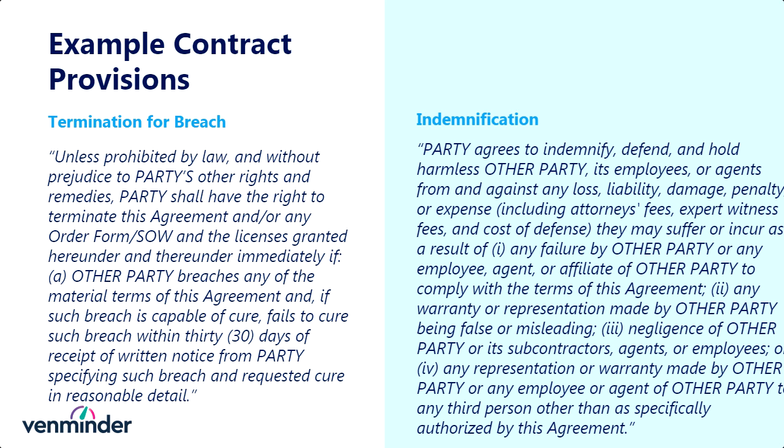And then indemnification is also fairly standard language that you find typically written the same way from one contract to the next, but there may be some specific carve-outs with indemnification that your organization is looking for. But again, both of these provisions have some pretty standard and common language that you find from one contract to the next.